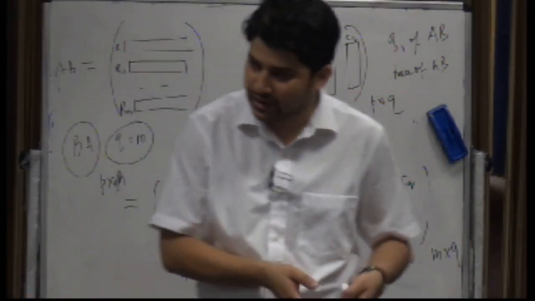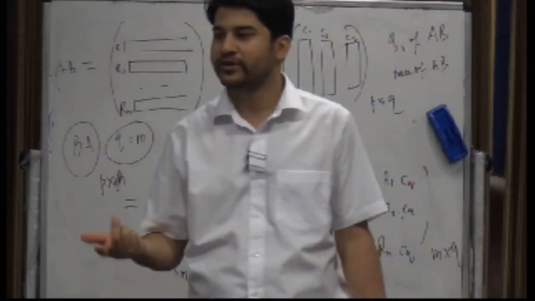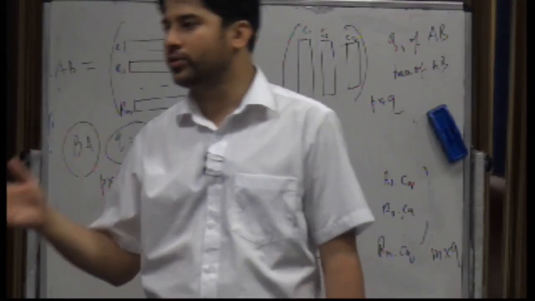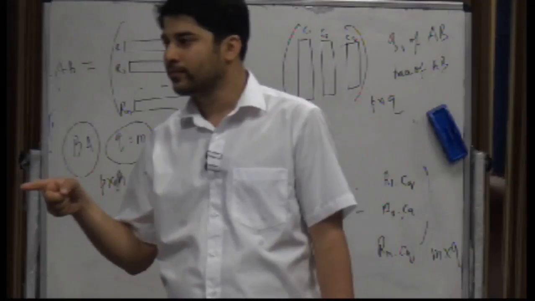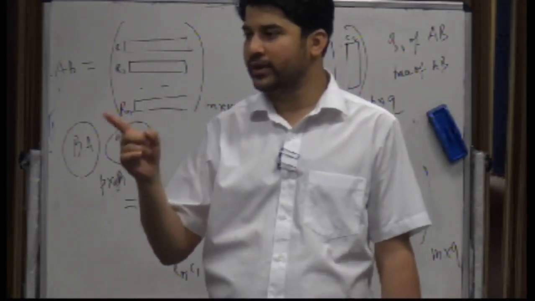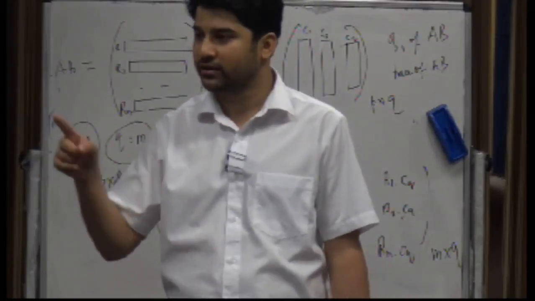And when they are equal, we have a special name for these two matrices. We call them commutative matrices. So generally matrices do not follow the commutative property, but if they do, we call them commutative. It is not that if AB and BA both exist and have the same order, they are commutative. No, every entry has to be the same.